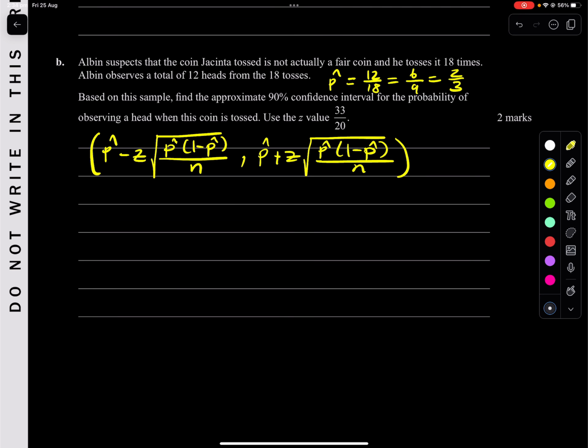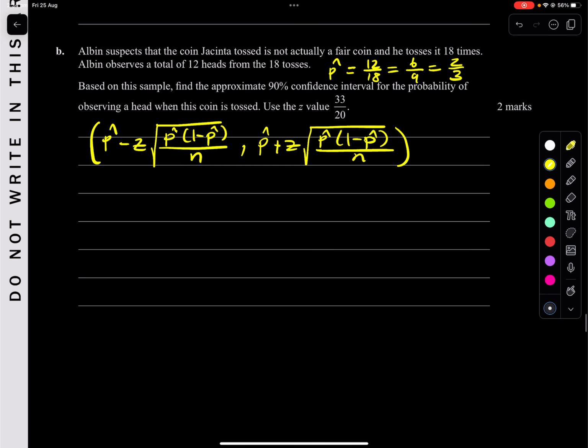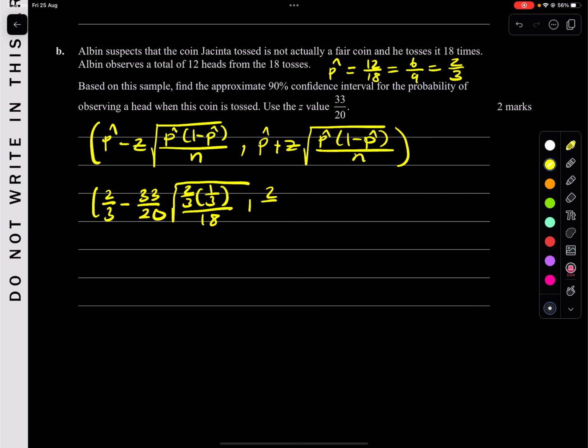The 90% confidence interval. So we're saying 2 over 3 minus, our Z value is 33 over 20, times the square root of p hat, which here is 2 on 3, 1 minus p hat is 1 on 3, over n. He tosses it 18 times in total. So 2 on 3 plus 33 over 20, same thing, 2 on 3, 1 on 3, 18.